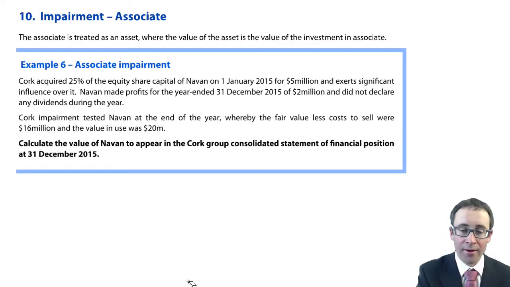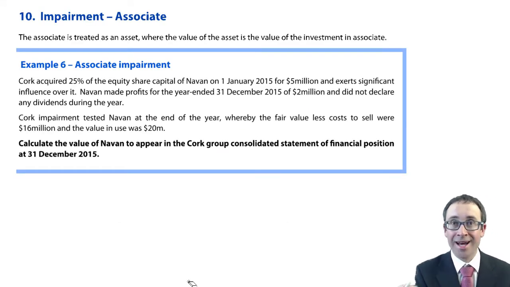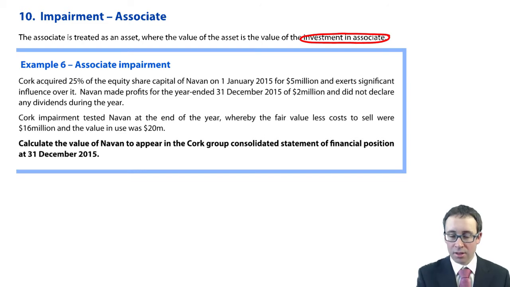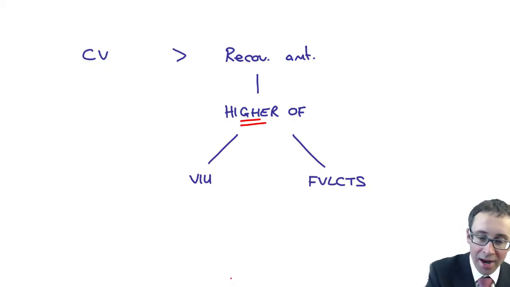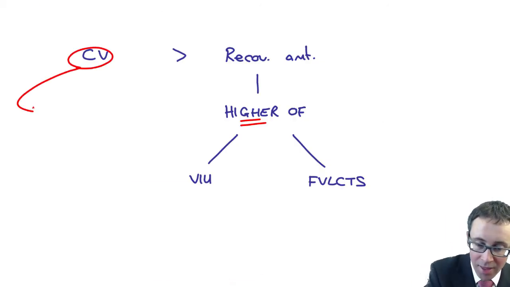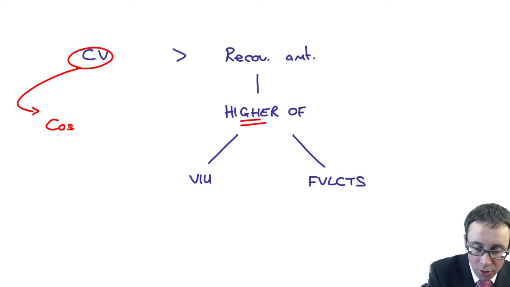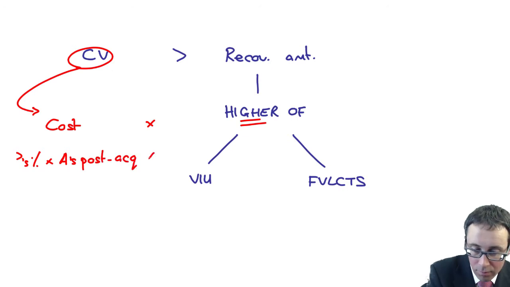And the key bit that you've got now is that the associate is treated as an asset, and the value of the asset is the value of the investment in associates. So when you're looking here at your carrying value, that's the value of the investment in associate, which, remember, takes your cost and adds on our share of A's post-acquisition amounts.